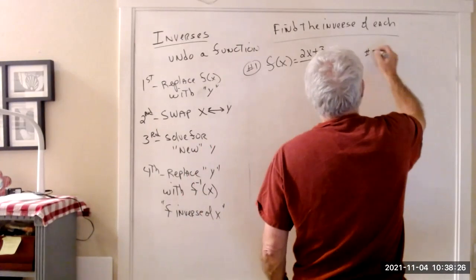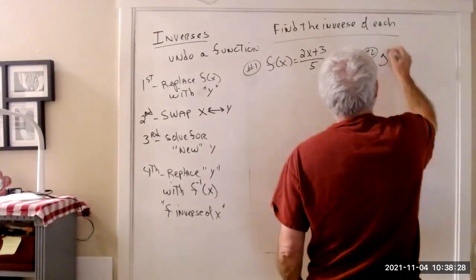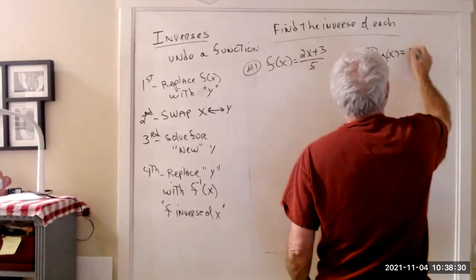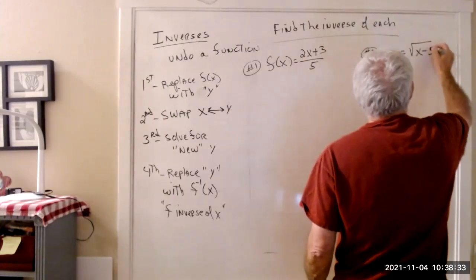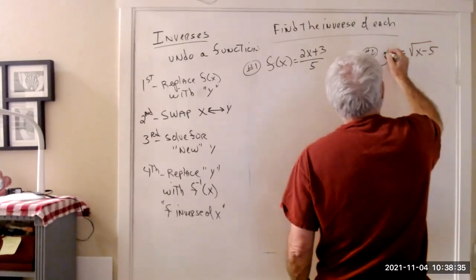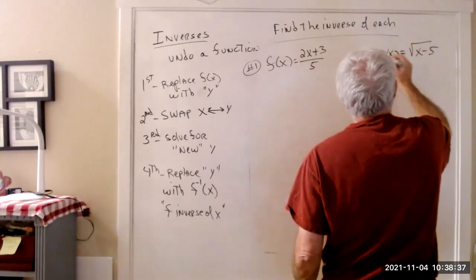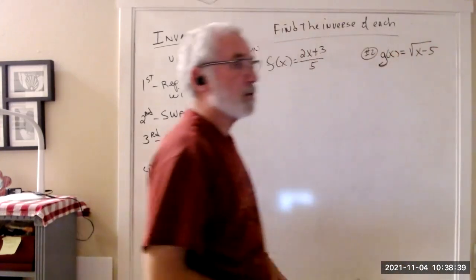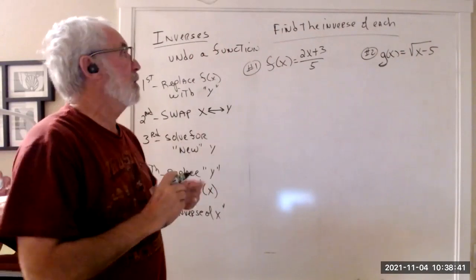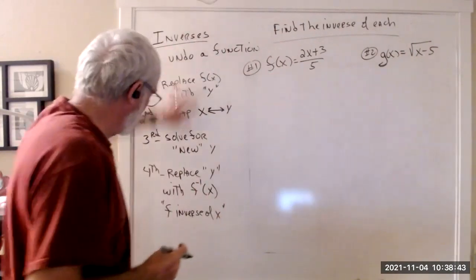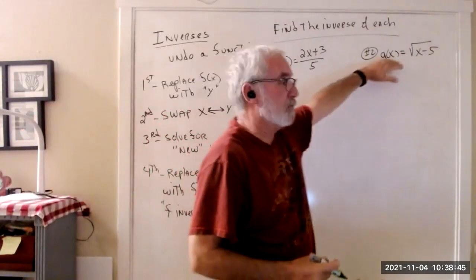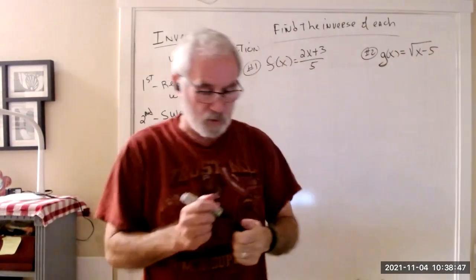And number two, we'll have g of x equals the square root of x minus 5. Okay, so I have two different problems. I want you to find the inverse of f following these rules and the inverse of g following the same rules.